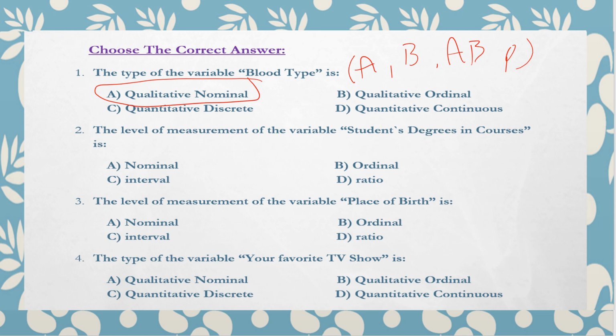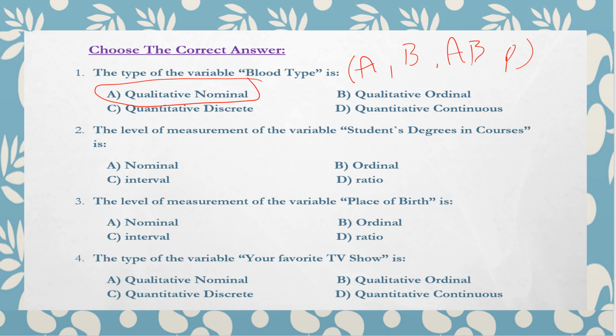Question number 2, the level of measurement. The level of measurement of the variable students' degrees in courses. This variable is a quantitative continuous variable, and we have 4 levels of measurement: nominal, ordinal, and these levels of measurement are for the categorical data, and interval and ratio levels, and these are for the numeric data.